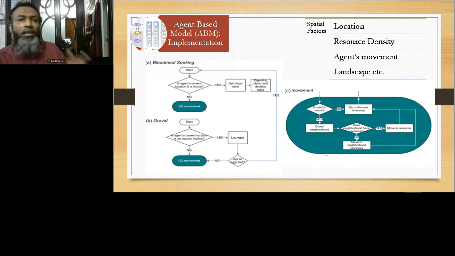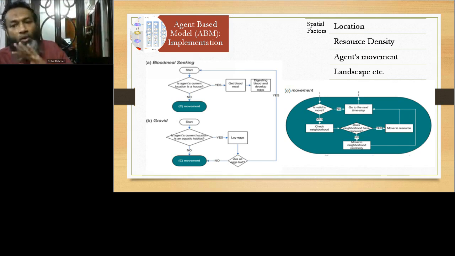And if it does not reach, for example, it will move from one place to another. And if it finds a resource that it needs now, it will do what it wants to do within that resource. So if it goes into a home, it will have a logic. If it goes into an aquatic habitat, it will have a different logic, and so on. But those logics are very simple, so you can easily understand what the mosquito is doing.